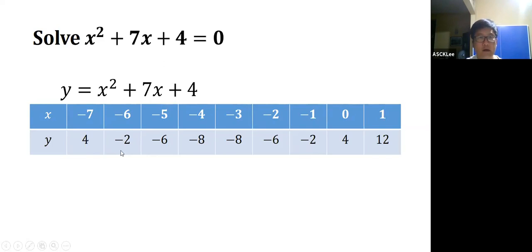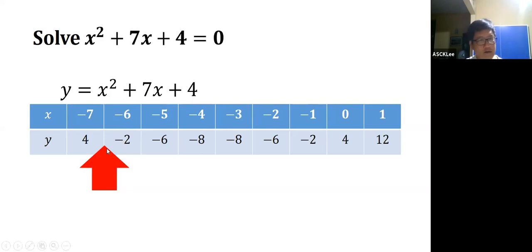All right. So once you have filled this in, you see that between x equals -7 and x equals -6, y becomes 0. At x equals -7, y is 4. At x equals -6, your y is -2.